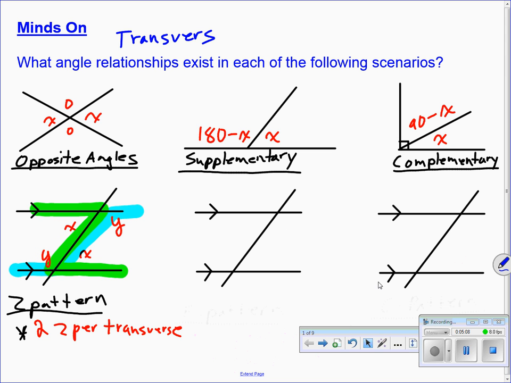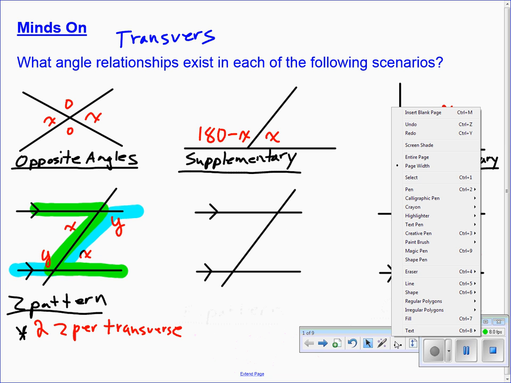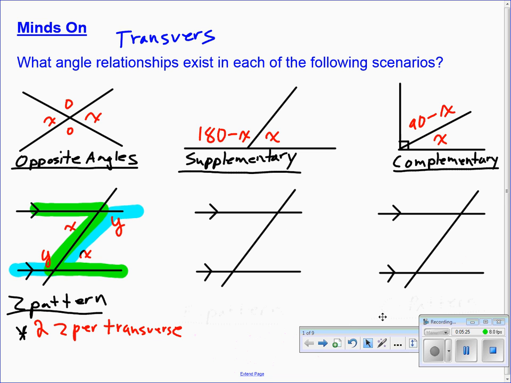Okay, now our next problem deals with a thing called the F pattern. The F pattern looks something like this. Let's use pink this time. So it looks like an F. The only places that are the same are our angles that happen here and here in our F pattern.